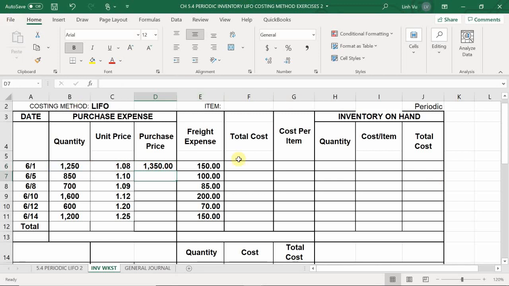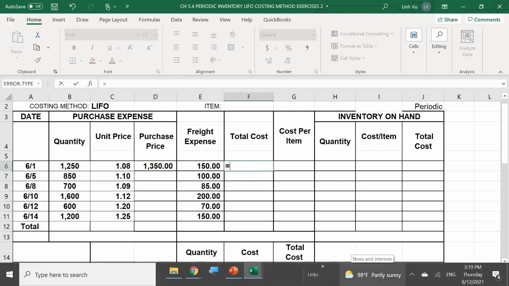Plus 150 worth of freight gives me a total cost of $1,500. And then we're going to solve for our cost per item because we're doing LIFO here.